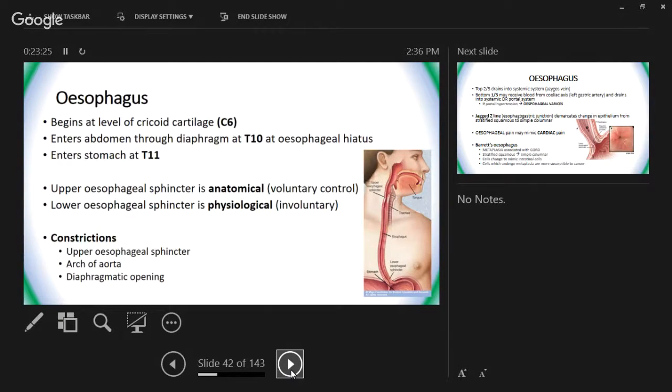The esophagus begins at the level of the cricoid cartilage, C6, enters the abdomen at T10, and then enters the stomach at T11. So you have two sphincters. The upper sphincter is anatomical, meaning that it's under your control. The lower sphincter is physiological, meaning it's not under your control. And there are constrictions at the top, at the bottom, and somewhere in between.